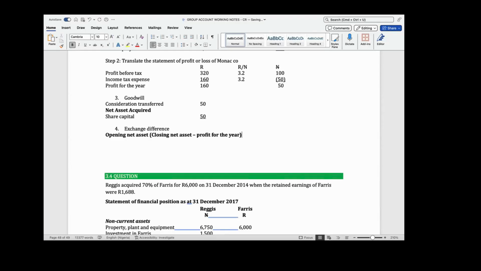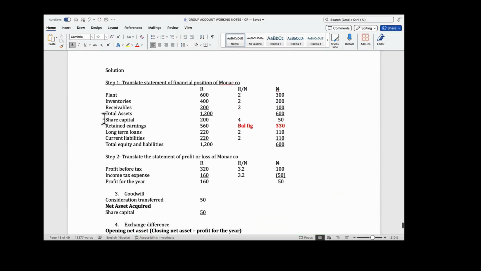I should go back to my opening, because really when we say net assets, in this case, net assets is just share capital and retained earnings, or assets minus liabilities. That's my net assets. So if I want to get my net assets at the beginning of the year, my share capital is the same year in, year out.